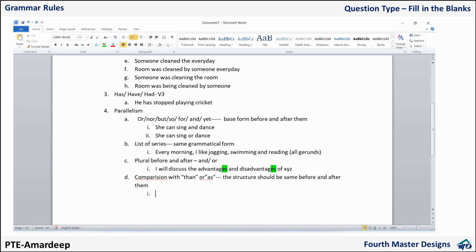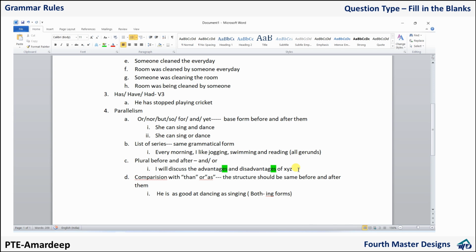For example, I'll say he is good at dancing. No, he is as good at dancing as singing. Now both are what? Both are ing forms. This is the rule.